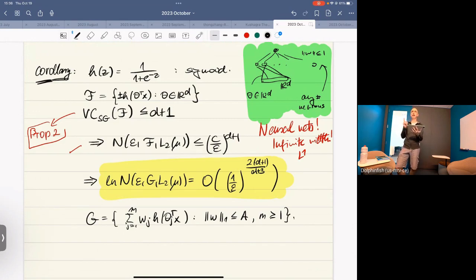Infinitely many neurons, and all these weights are not restricted. Here the transfer function is just the standard sigmoid function in the hidden layer. Then the output weights are restricted because we want to control capacity in some way, such that their one norm is upper bounded by 1. So their absolute values sum to at most 1.